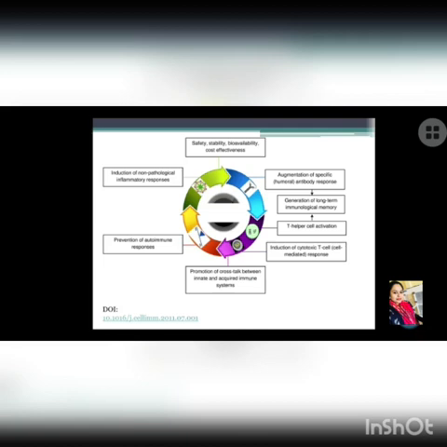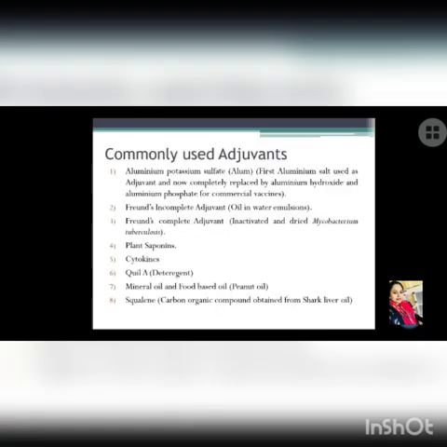It helps in the activation of immune responses, be it T helper cell activation or B cell activation. It should be able to induce the cytotoxic T cell response also, and it should be able to promote the crosstalk between the innate and the acquired immune system. It should be able to prevent autoimmune responses as well, and it should also induce non-pathological inflammatory responses. These are all the features of an ideal adjuvant.